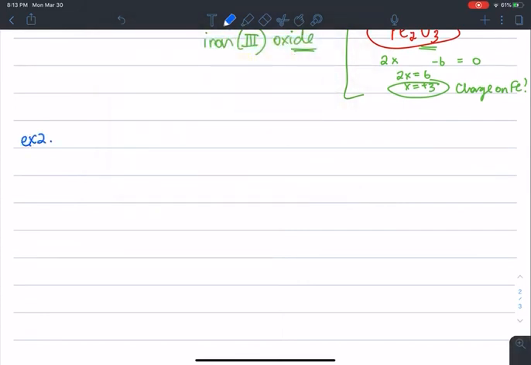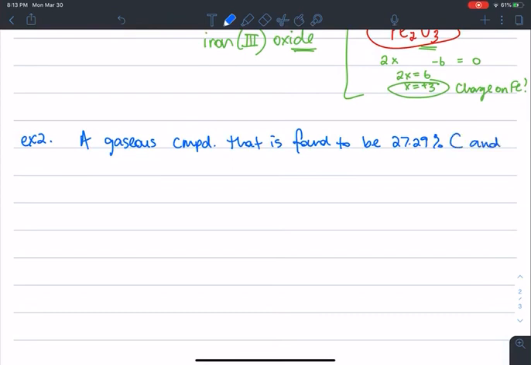Okay, so next example. Example 2. We have a gaseous compound that is found to be 27.29% carbon and 72.71% oxygen. Determine the empirical formula.